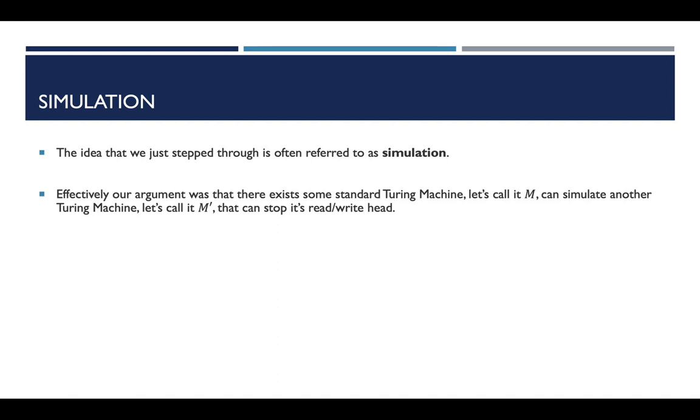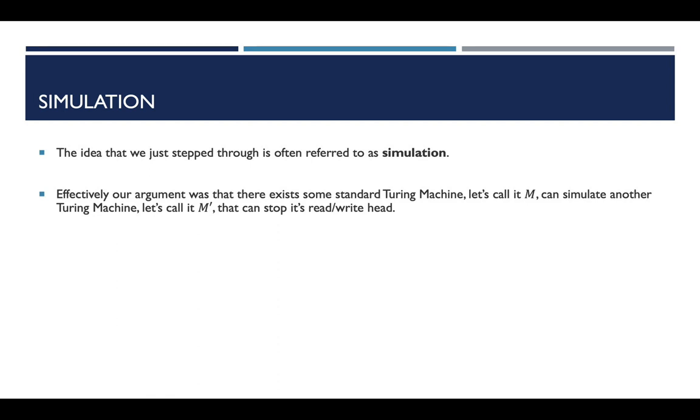Effectively what this is doing from a formal perspective is we're taking some Turing machine, which we can call M, and we are writing onto the read-write tape of machine M some initial configuration of a new Turing machine that we can call M prime. We're writing the definition of the Turing machine that we want to simulate onto another Turing machine that we refer to as the simulator.